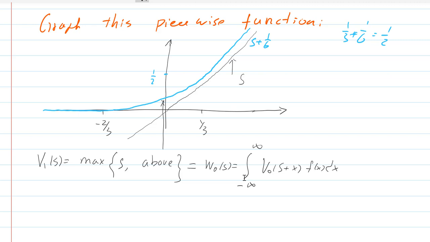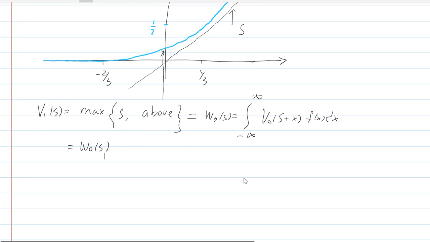So the second function is bigger than the first one, so we simply have W0 of s. This is done, but this isn't really a typical graph, because sometimes we actually see the first line, the straight line s, intersects with the second one. Then we take the top one, the bigger function, and then we will have again a piecewise function. But for this one over here we are done.